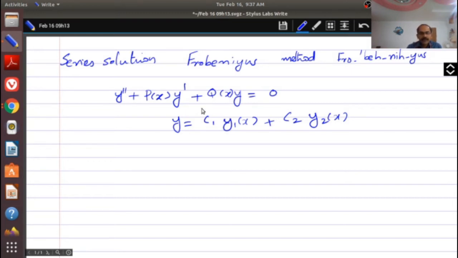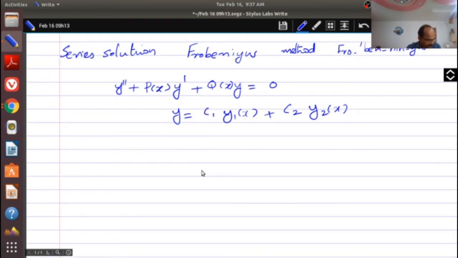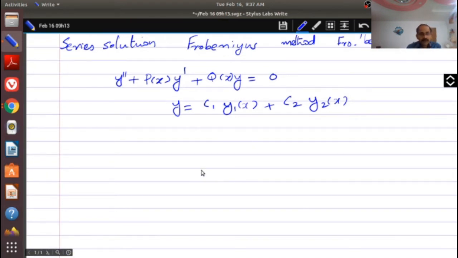So today we will now use the Frobenius method for solving, say, the simple harmonic motion equation: y double dash plus omega squared y is equal to 0.